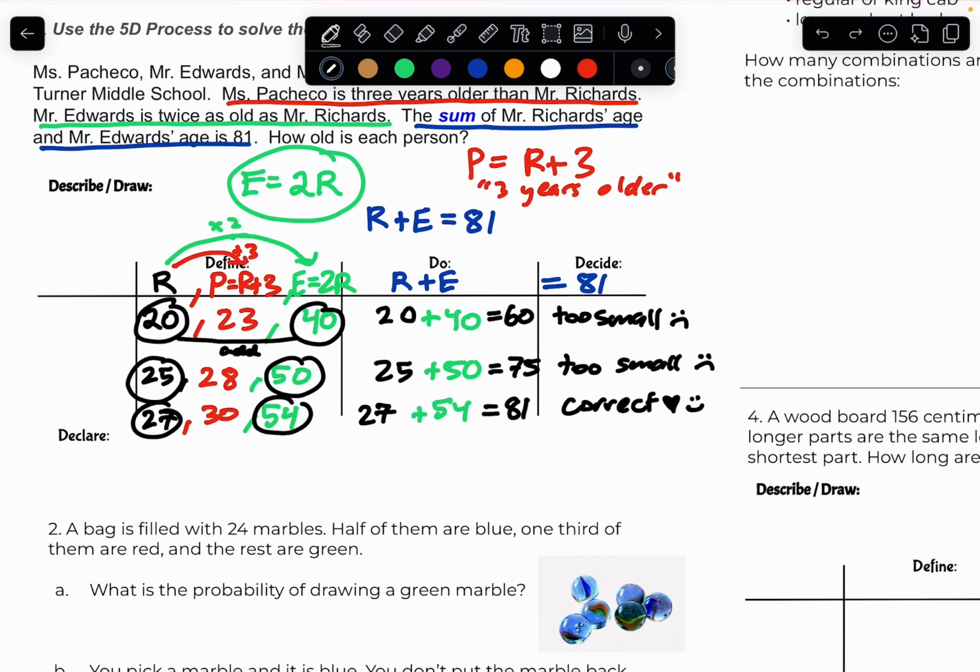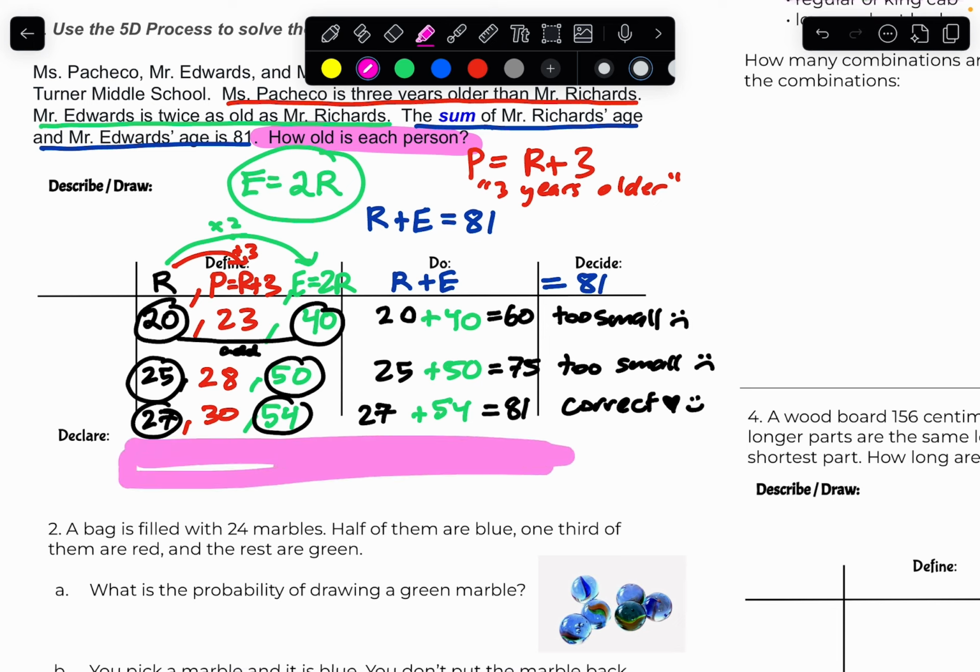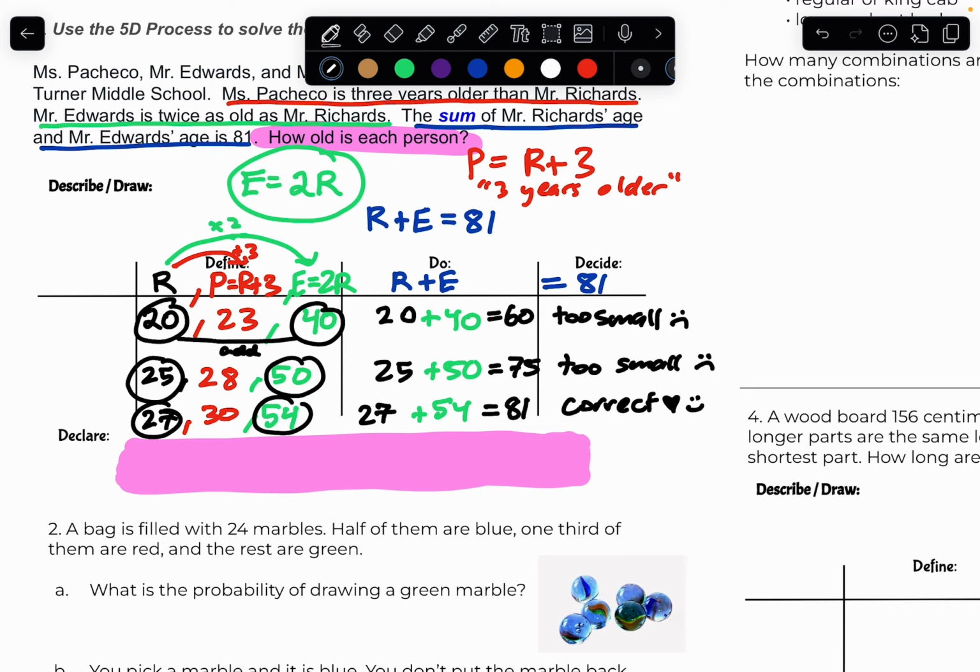All right, now this is the most important thing: I do see a lot of students answering the final step or leaving the final step blank. But for the declare part, declare just means, can you declare or state what your final answer is? It says, how old is each person?